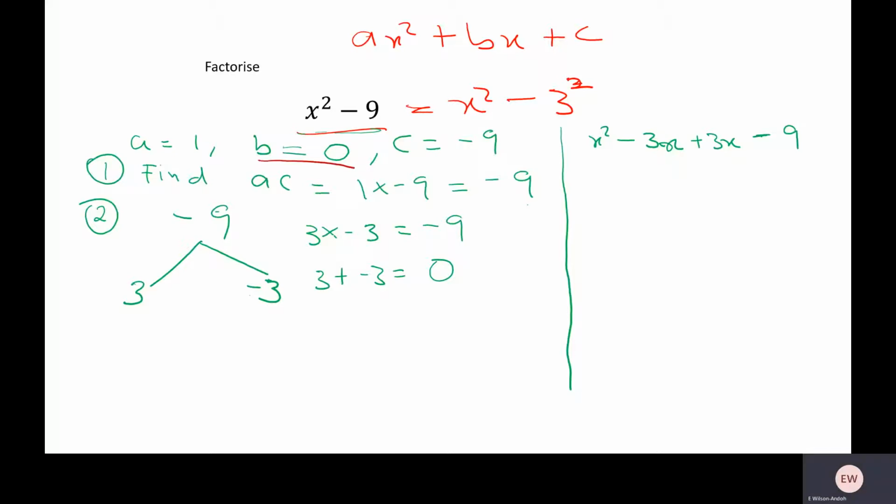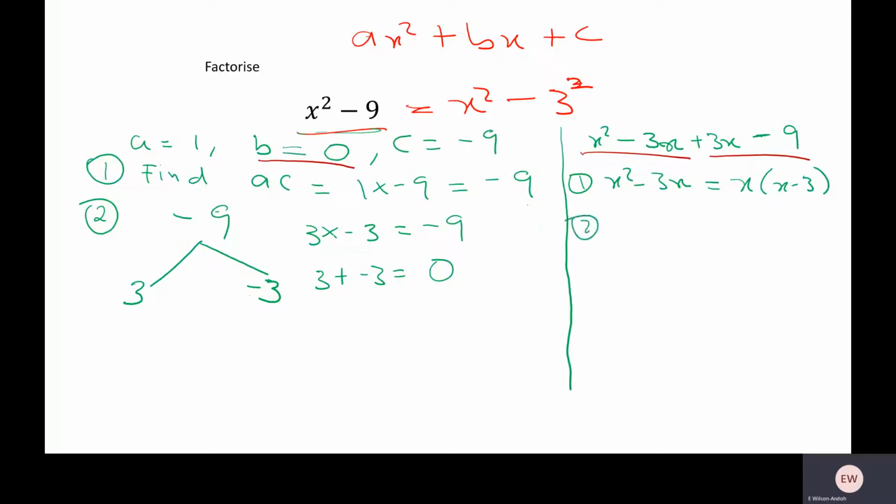So now what we are going to do is take the first two terms and then the last two terms and factorize. So we are going to take x squared minus 3x, and when we factorize that, we have x out, so we are going to get x minus 3.